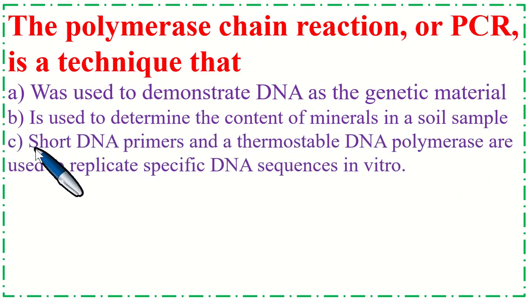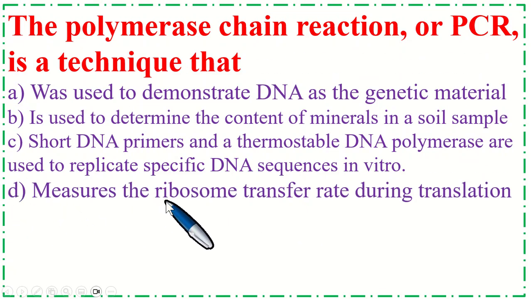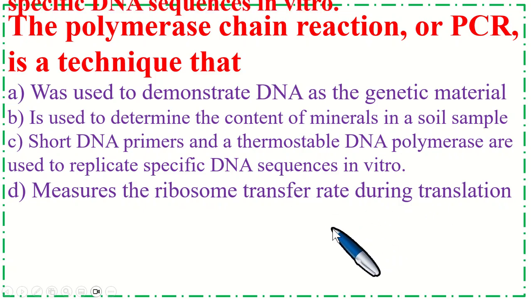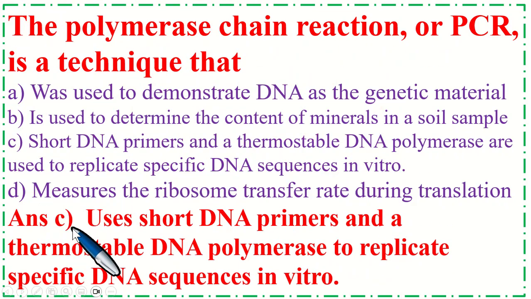Option C, short DNA primers and a thermostable DNA polymerase are used to replicate specific DNA sequences in vitro. Option D, measures the ribosome's transfer rate during translation. Correct option is C, uses short DNA primers and thermostable DNA polymerase to replicate specific DNA sequences in vitro.